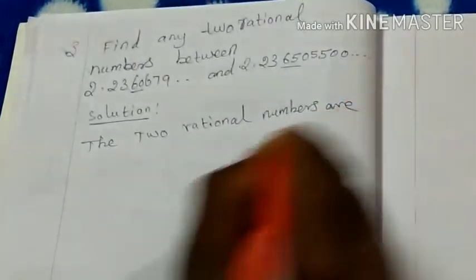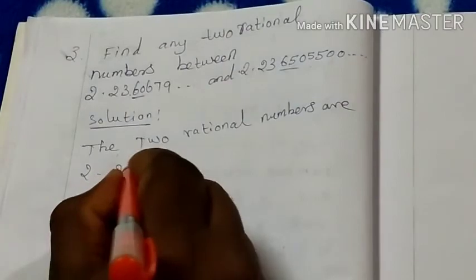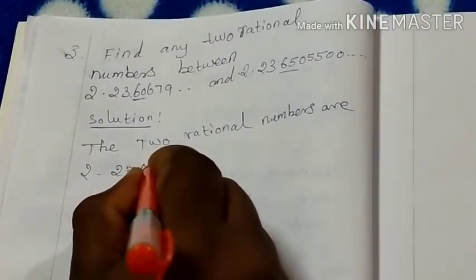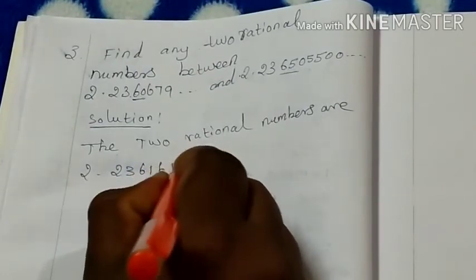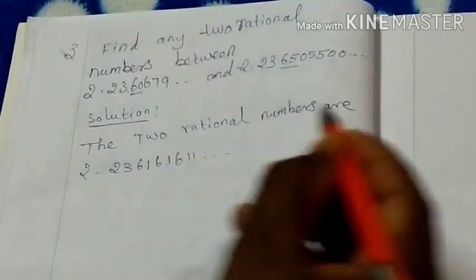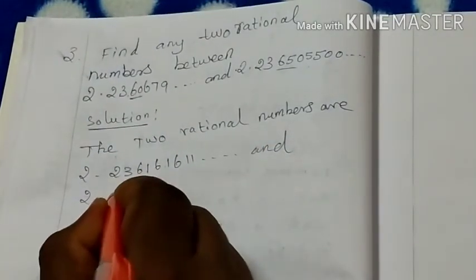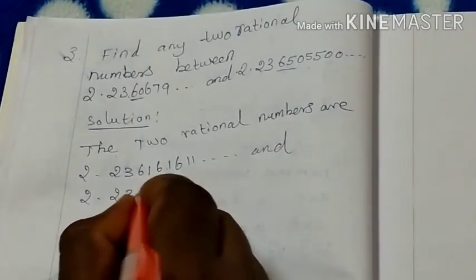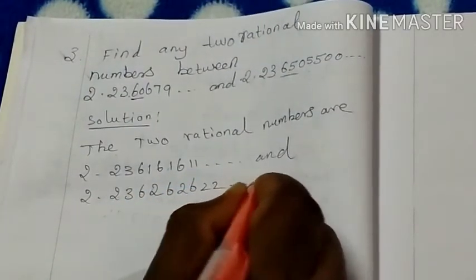The two rational numbers are 2.2361 6 1 6 1 6 1 and so on, and 2.2362 6 2 6 2 6 2 and so on.